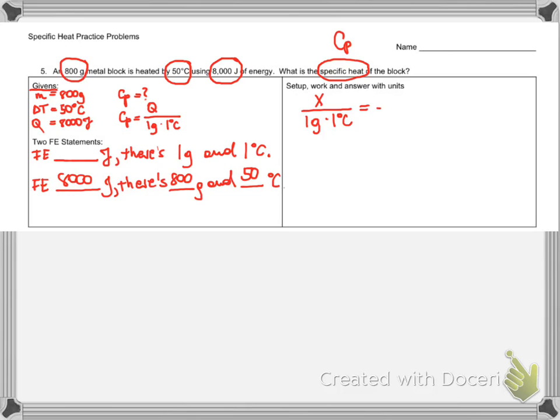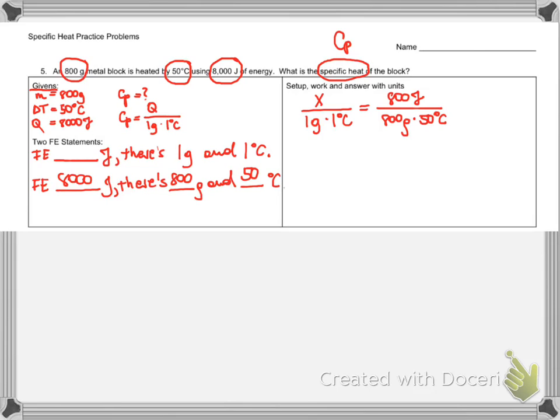And the next for every statement is 8,000 joules, 800 grams on the bottom, and 50 degrees Celsius. Okay. Now it's just a math problem, a simple algebra problem.